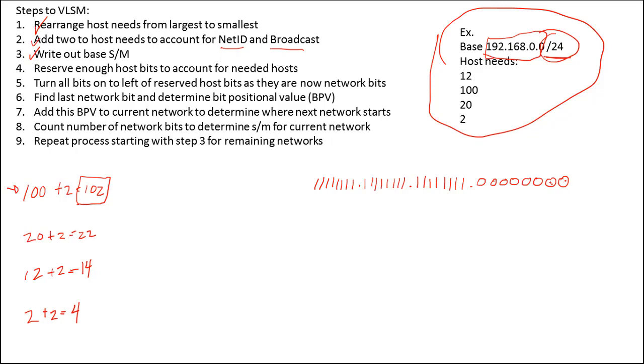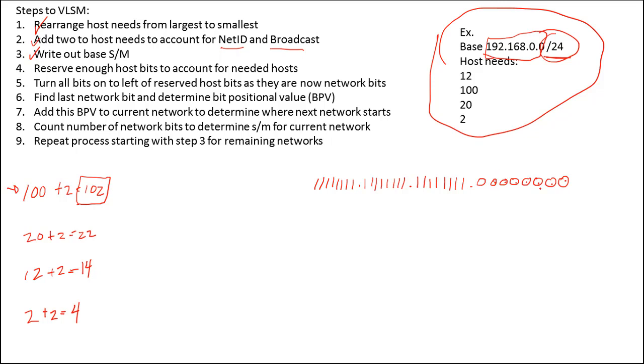So if I reserve 2 host bits, that gives me 4 addresses. If I reserve 3 host bits, that gives me 8 addresses. If I reserve 4, that's 16. If I reserve 5, that's 32. If I reserve 6, that's 64. If I reserve 7, that's 128.